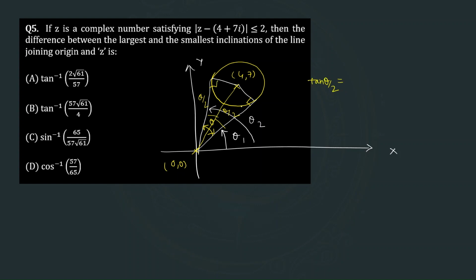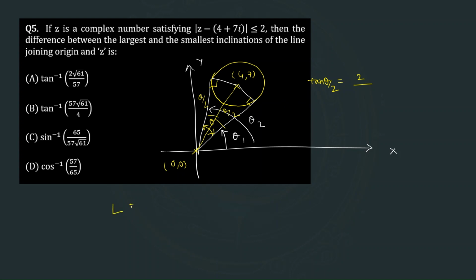Tan theta by 2 will be simply perpendicular upon base, because this is a right angle triangle. So perpendicular is the radius of this circle, which is 2, and base is basically the length of tangent of this circle from the point 0 comma 0.